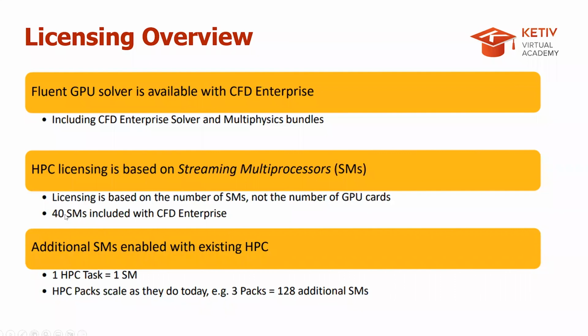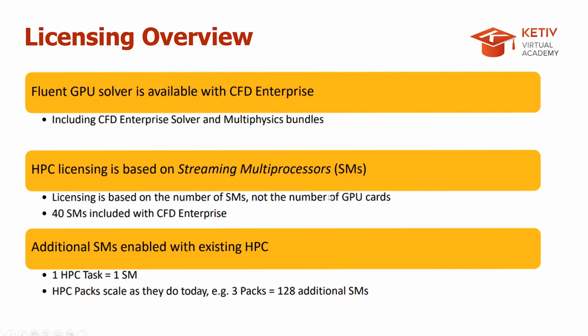That means that up to 40 streaming multiprocessors, you will not need any additional HPC licensing. As long as you have CFD Enterprise, those 40 SMs are already included. You can use up to 40 SMs for doing your simulations, no additional HPC licensing needed.